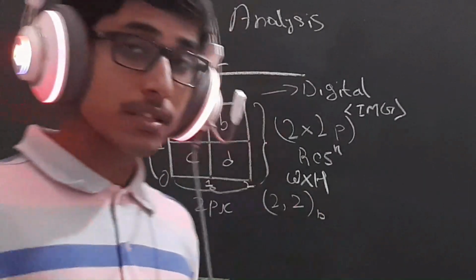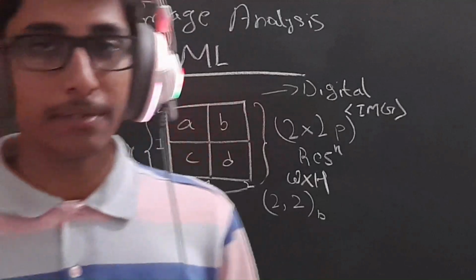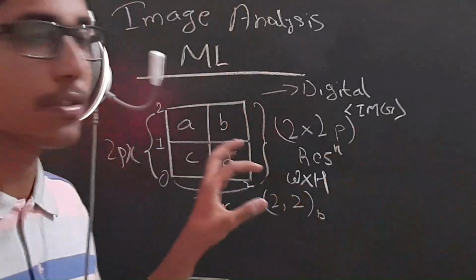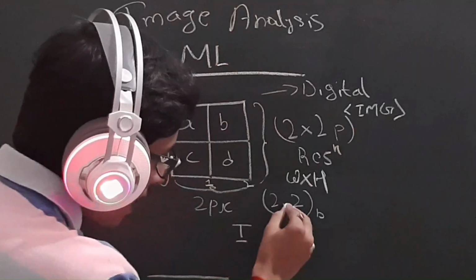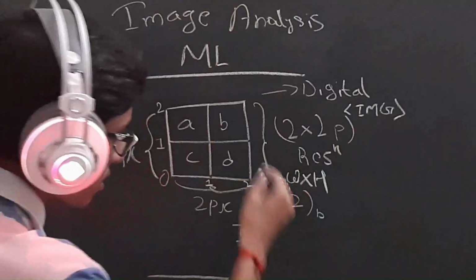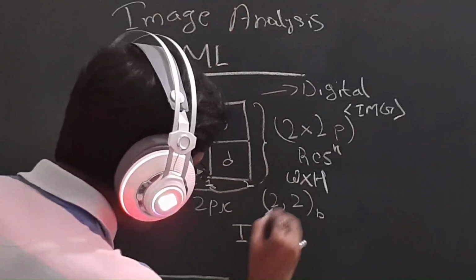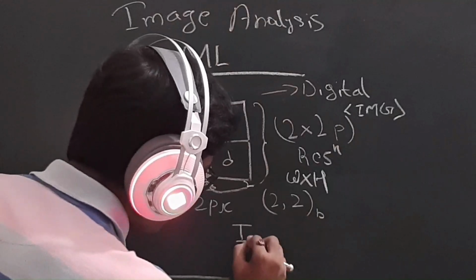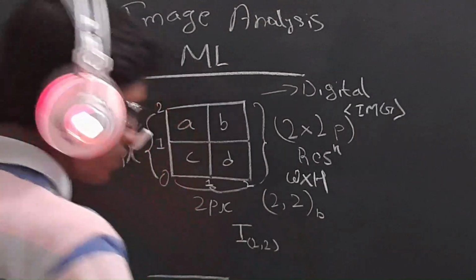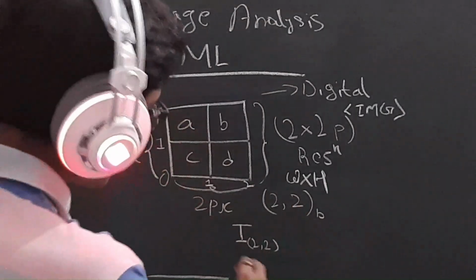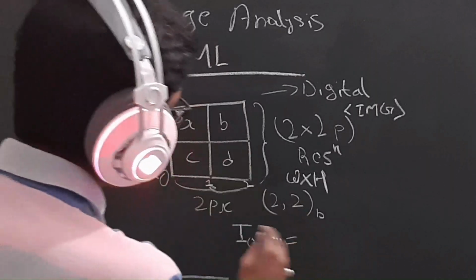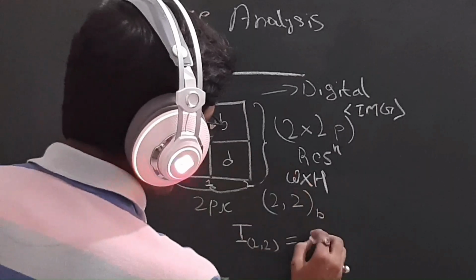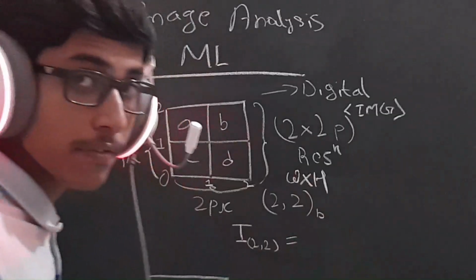What these pixels do in images particularly is, pixels have their intensity, which is denoted by I, and the location of the pixel we are talking about. So if we are talking about pixel B, then we write the coordinates of pixel B, that is 2 comma 2. This is the color intensity of pixel B. Suppose it has a numerical value.